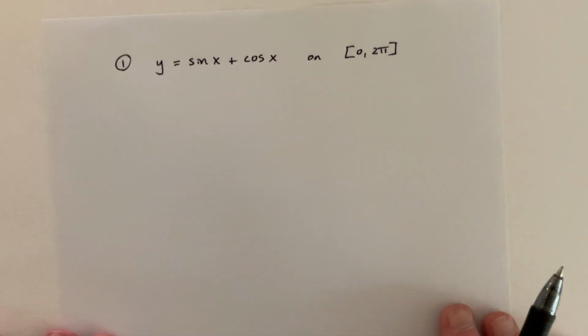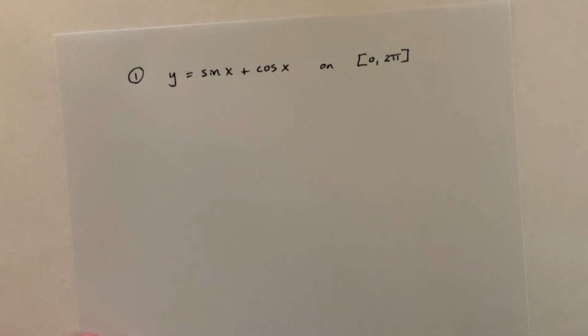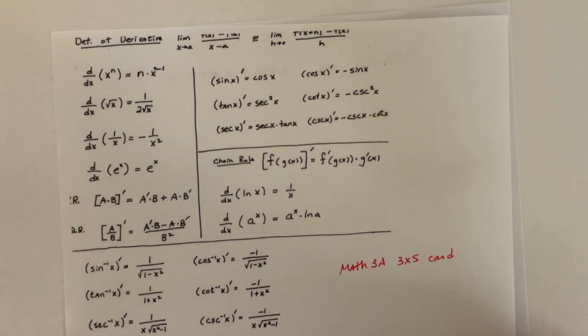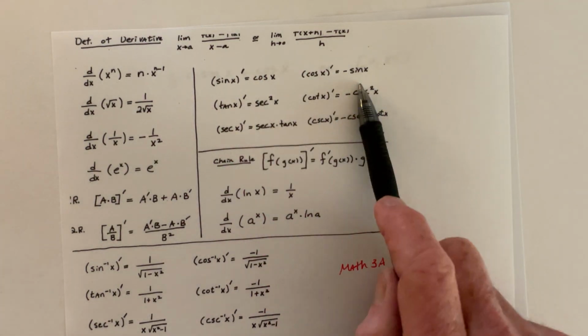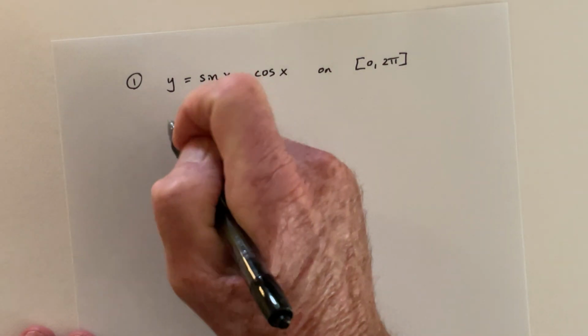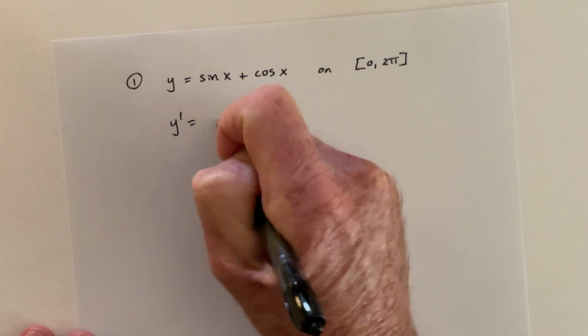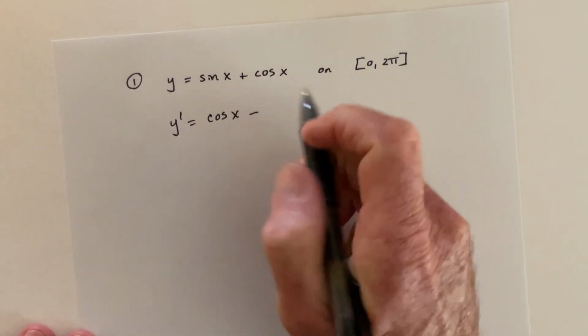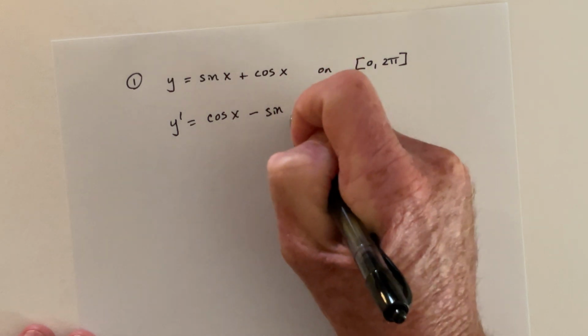Okay, so first of all, for the derivative, and of course, I have all of my derivatives memorized from this 3x5 card. Here's the derivatives of the trig functions that I inserted into my memory cube. So the derivative of sine is cosine, and the derivative of cosine is negative sine.